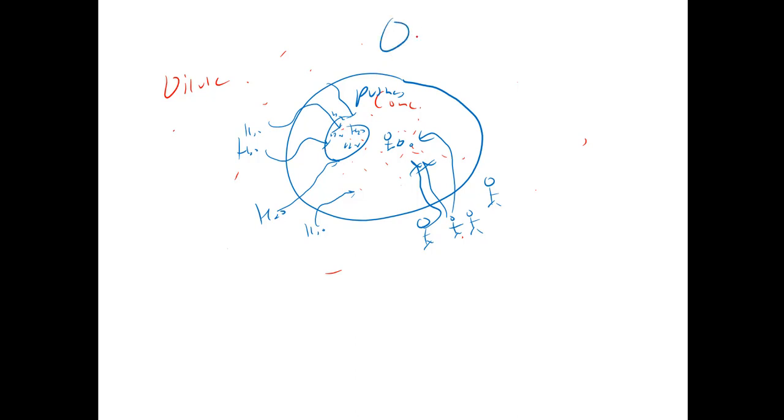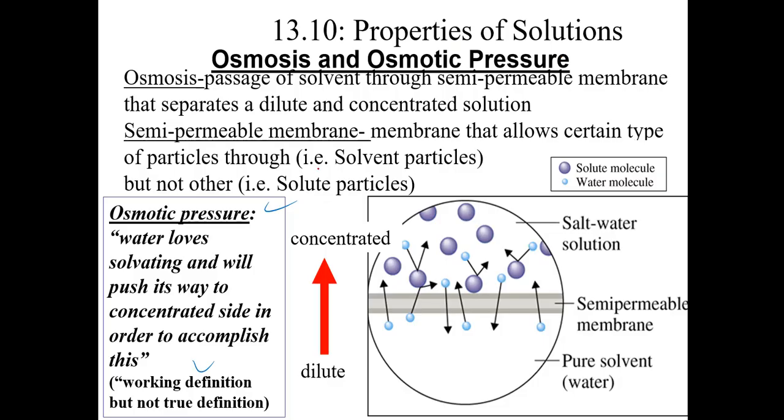So we call this osmotic pressure. And that's the pressure due to the water pushing its way into an environment so that it can surround a high concentration of solute particles. So here's the working definition. Water loves solvating, and it will push its way to a concentrated side in order to accomplish this.